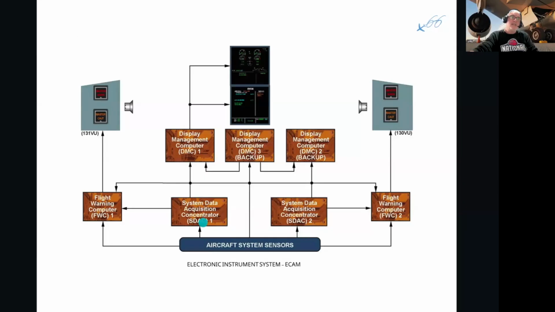So the system data acquisition concentrators convert all this information into a common language, because a computer system needs to process data as long as it's all uniform data in one single language.